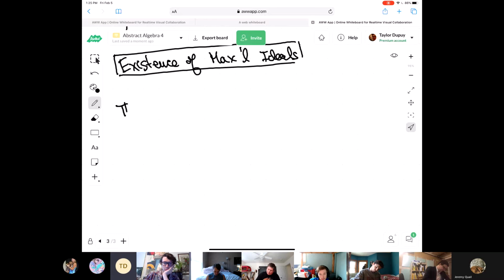Here's a theorem. One, all rings have maximal ideals.